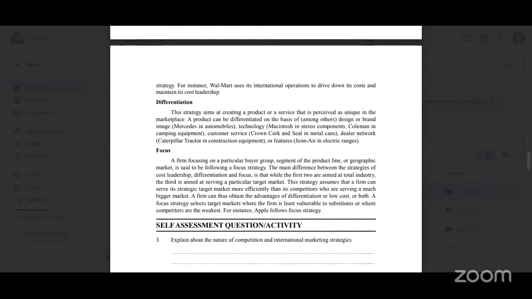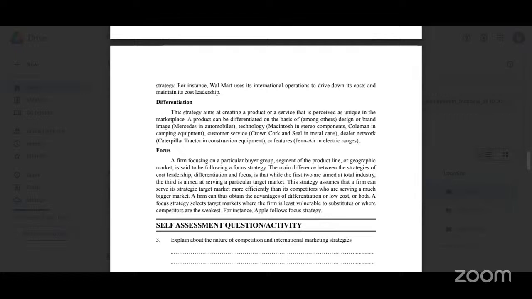So, differentiation. This strategy aims at creating a product or service that is perceived as unique in the marketplace. So, if you are looking in terms of a product that can be differentiated, it can be in terms of design or brand image. For example, if you talk in terms of Mercedes in automobiles, there is a distinct image that is created at the minute we recall Mercedes.